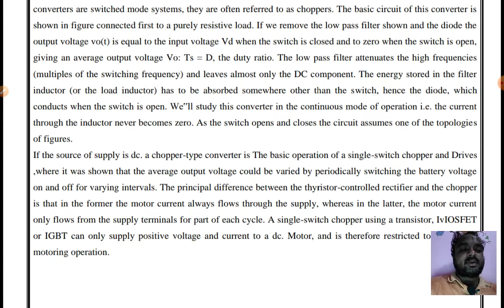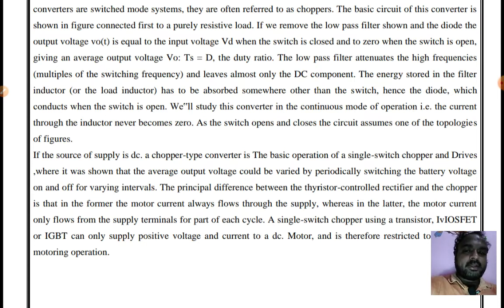The energy stored in the filter inductor, that is the load inductor, has to be absorbed somewhere other than the switch. Hence the diode, which conducts when the switch is open.